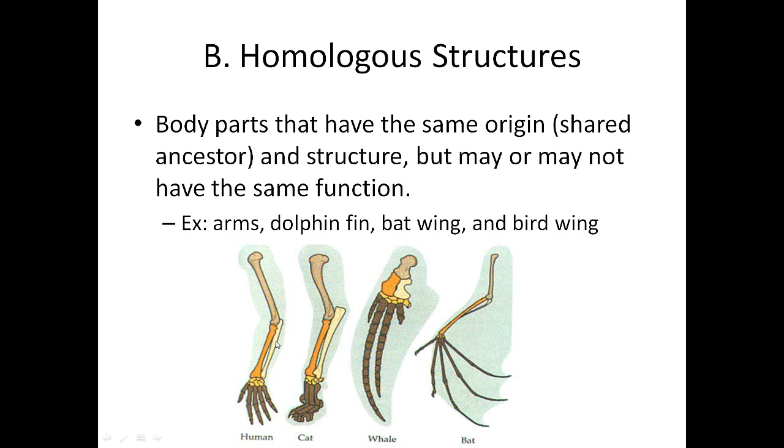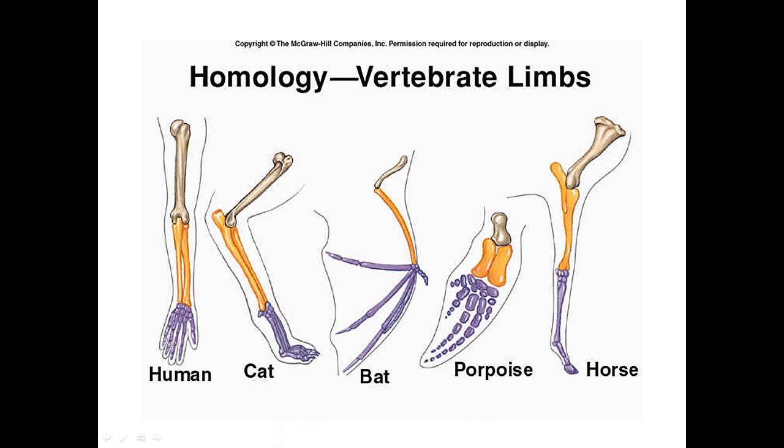The radius and ulna on our arm are very similar to that of a cat, a whale, a bat, our carpals, our phalanges, etc. Anatomically, maybe they do different things at this point, but the structure is similar and we have the same origin. Same thing here, just another representation with a couple extra pictures.